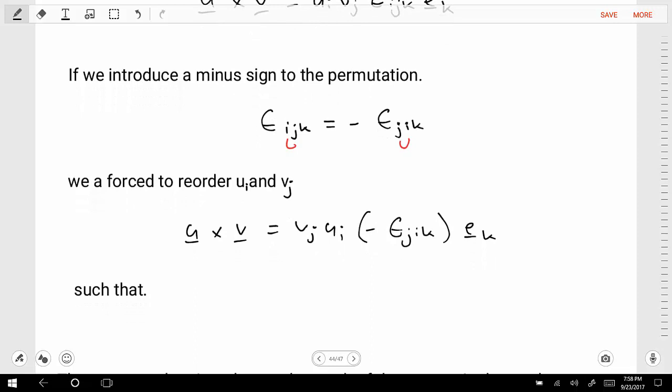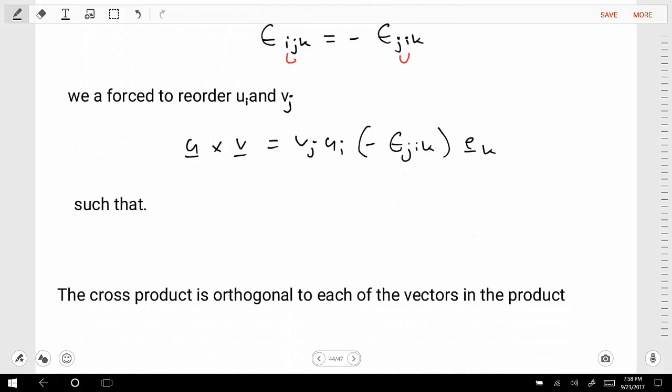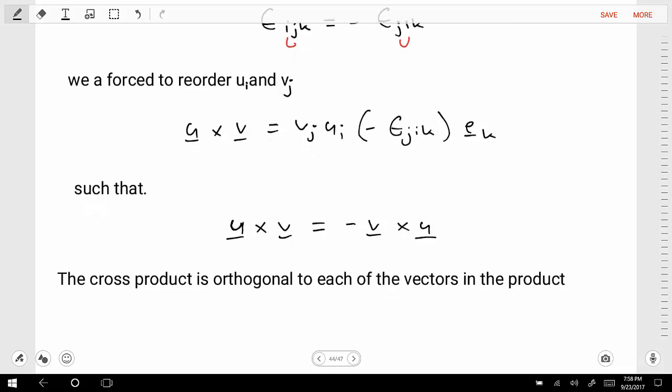So with this negative sign and the change in the order of V and U, we'll find that U cross V is actually equal to negative V cross U. So simply using our indices here in the permutation, we can find that anti-commutative relationship that exists when we're doing the cross product.